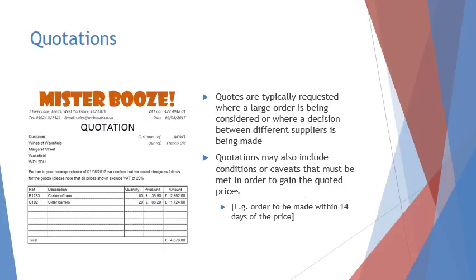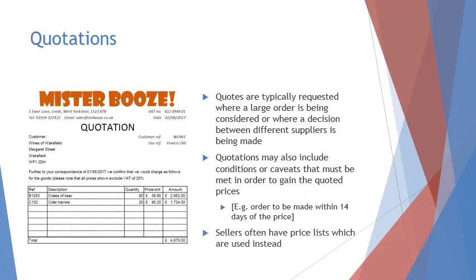They'll include the quantities and the prices that are being considered, along with any other conditions that would need to be met in order to get the prices as described. They might also say, for instance, that any order that was made on the back of this quotation would have to be made within a certain period of time, for example.